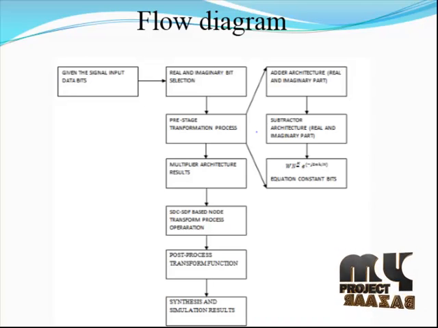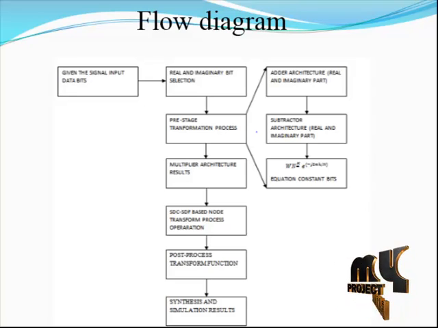Then the output of the pre-stage transformation process is given as input to the multiplier architecture results. The multiplier architecture results output is given to the input of the SDC SDF based node transform process operation. The output of that operation is given as input to the post process transformation function.